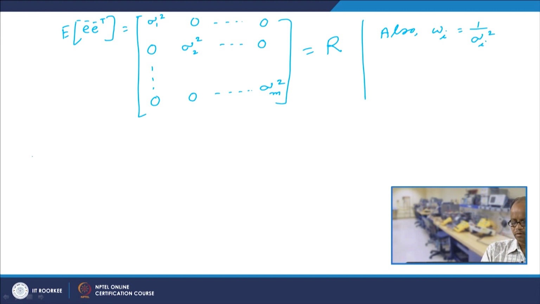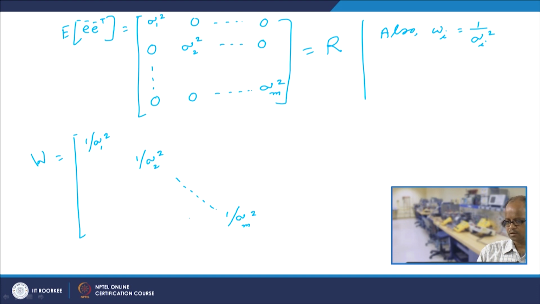So, then therefore, my weight matrix would be nothing but 1 by sigma 1 square, 1 by sigma 2 square, up to 1 by sigma m square, and all off-diagonal terms are 0. So, this is essentially R inverse.